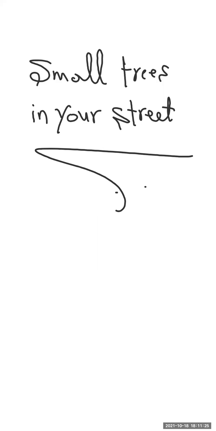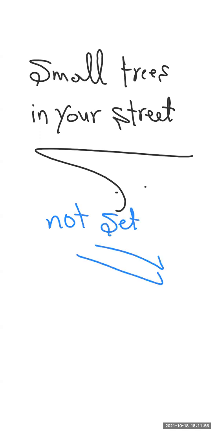We can consider that it's small if it's smaller than 2 meters or 3 meters or 4 meters, or smaller than 1.5 meters or 1 meter. So it's not clearly defined, right? So in this case, do we consider that one a set or not a set? Not a set, of course. Great. So actually, it's not a set.